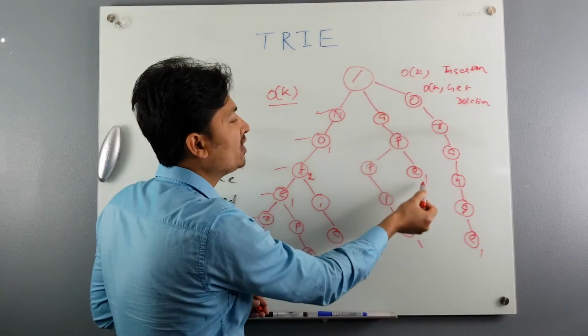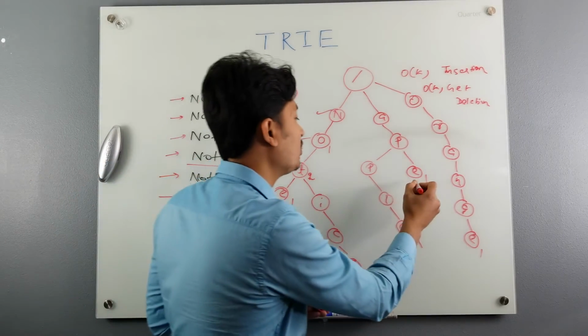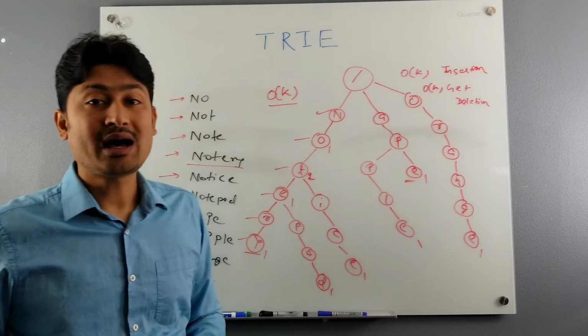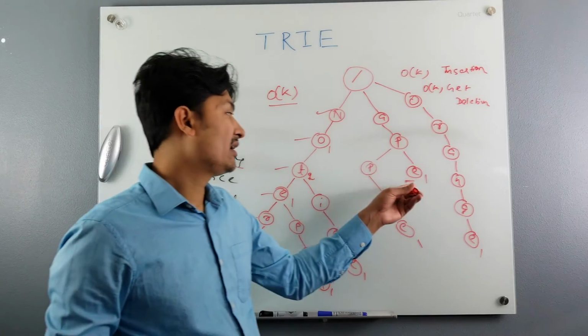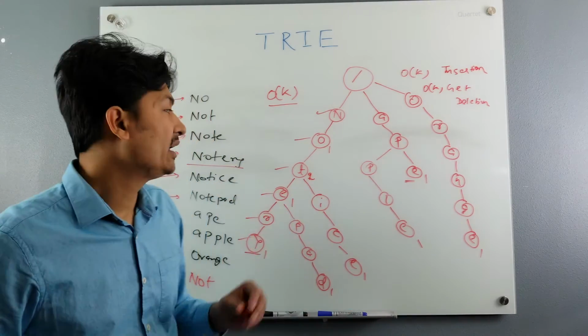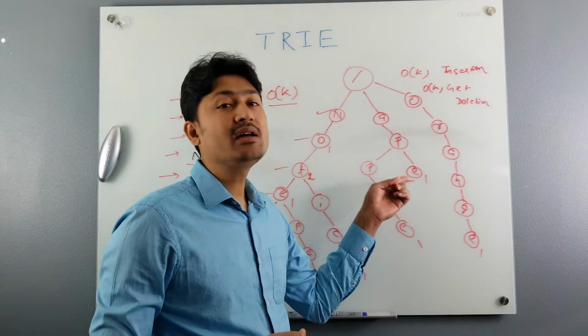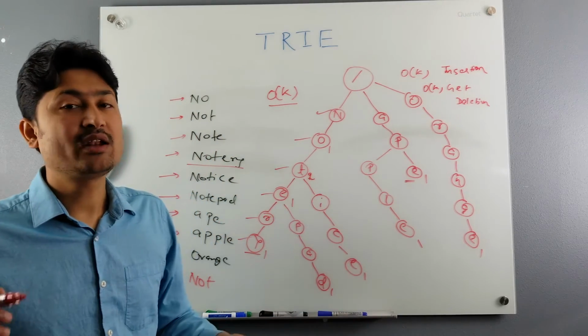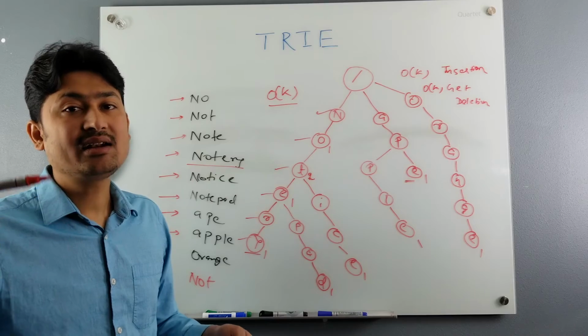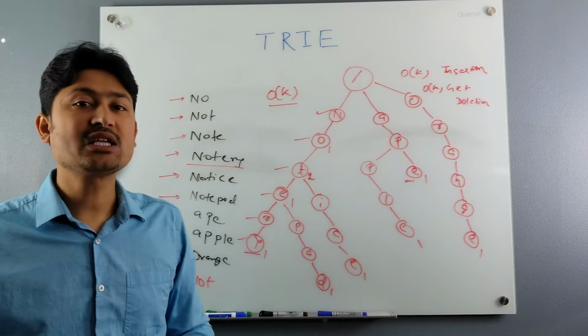First of all, you find that word APE. Once you reach E, you ask, does it have any children? It says no. It means we can delete the letter E. If it has other children, then you cannot delete it, because that node is also used by some other word.